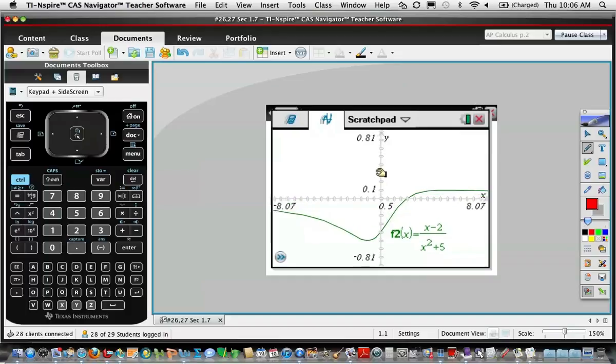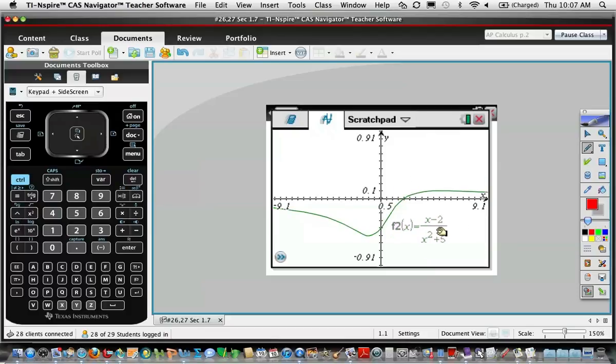Now, as we're going to learn, and I think you might have done a little bit of this in trig last year, if you look at this function, as x gets really big, what happens to the top compared to the bottom?